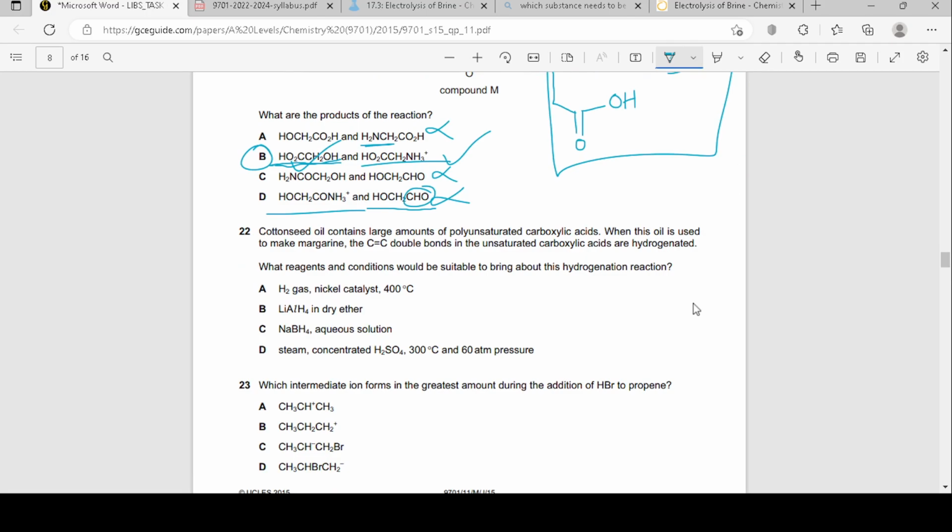And the next question. Cottonseed oil contains large amounts of polyunsaturated carboxylic acids. Now, when this oil is used to make margarine, the C=C double bonds in the unsaturated carboxylic acids are hydrogenated. Which reagents and conditions would be suitable to bring about this hydrogenation reaction?